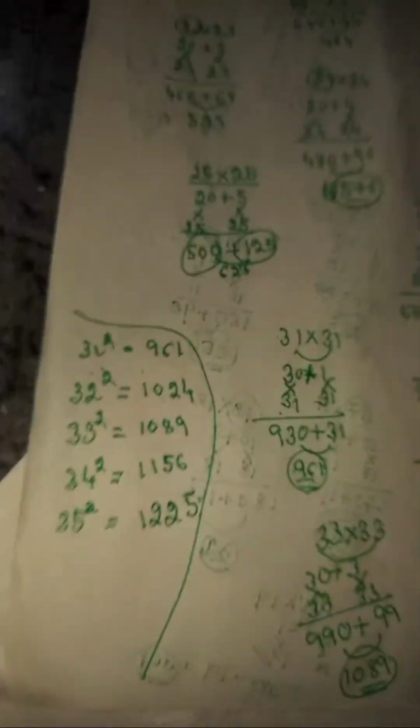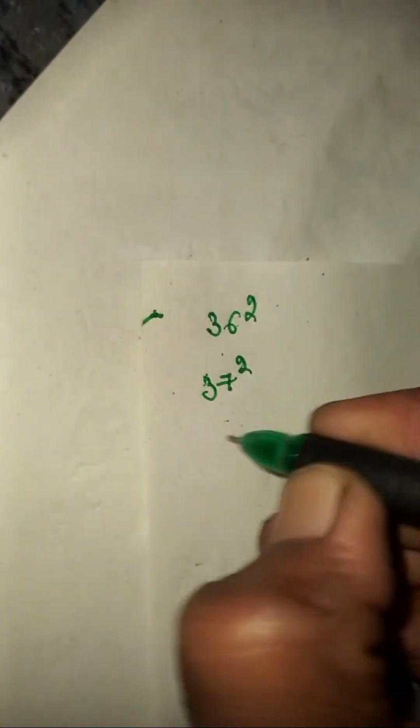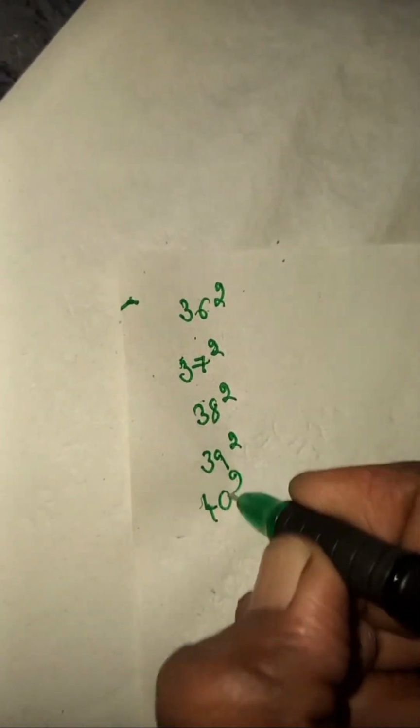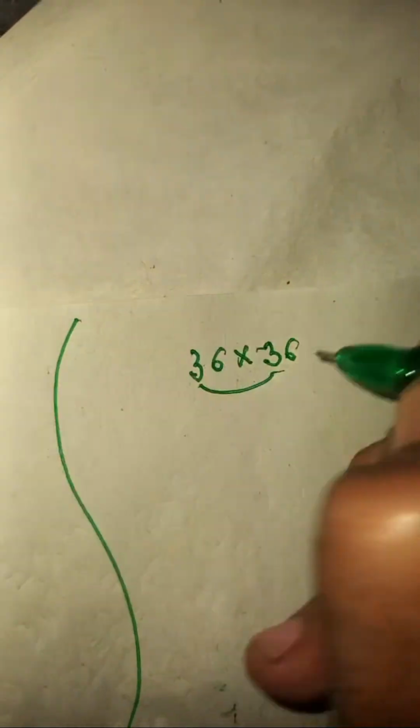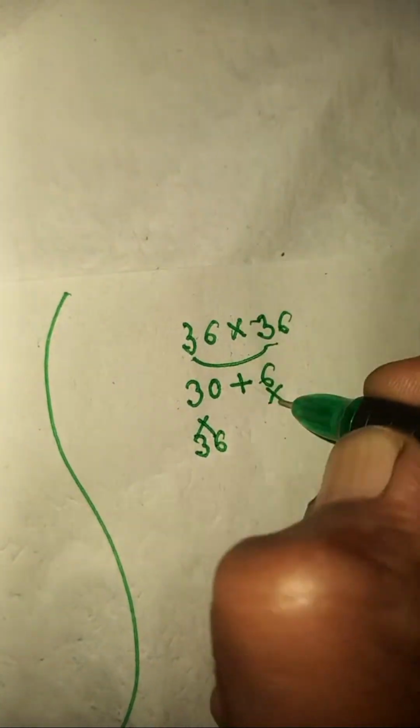So that is 35 square, which is 1225. Now let's do 36 square, 37 square, 38 square, 39 square, and 40 square. Let's do all of them together. 36 square means 36 times 36. Here you split 30 plus 6, and here also 36, and here also 36.